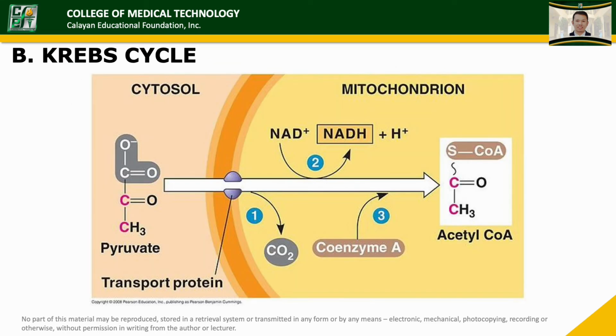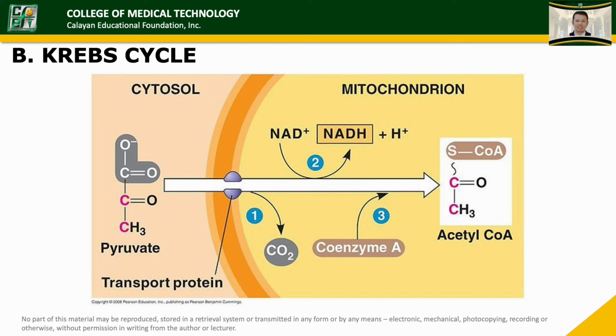The Krebs cycle happens inside the mitochondria of the cell, wherein each molecule of pyruvate is converted into acetyl-CoA or acetyl coenzyme A. This acetyl coenzyme A will now be used as a material in oxidative phosphorylation, the last stage in cellular respiration.